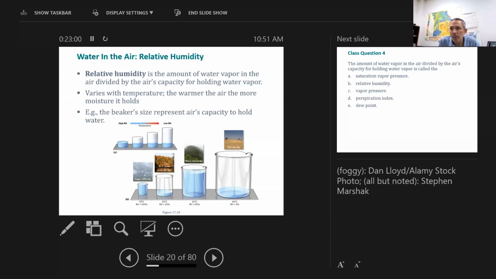And so we have a couple of different examples here. When we start looking at hot air, it can hold a lot more water than cold air. The atoms are vibrating around more, and so it's allowing you to hold a lot more water in the air. So when we start looking at the 4 examples on this screen here, on a foggy, chilly day, we see at 10 degrees Celsius, air is full of water, and so full that it's actually creating condensation in the atmosphere on those aerosols.